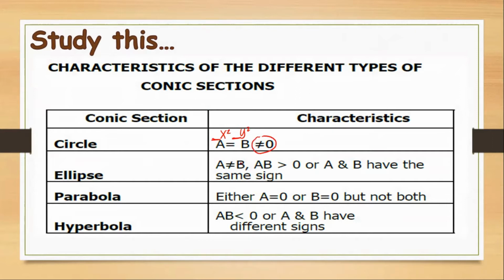For the ellipse, we have the value of A is not equal to B, but A times B is always greater than 0. It means that the values of A and B have the same sign. So we can have all positive or all negative. For the parabola, it may either be A equals 0 or B equals 0.